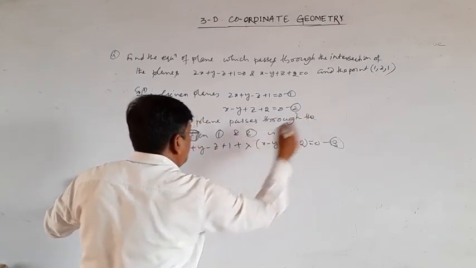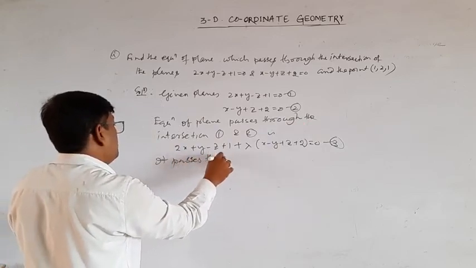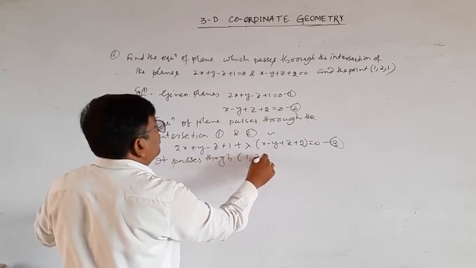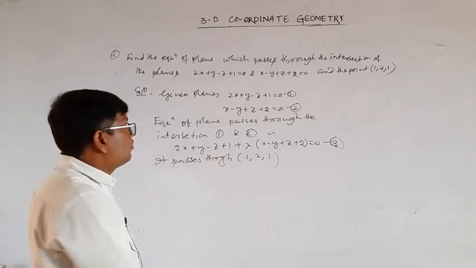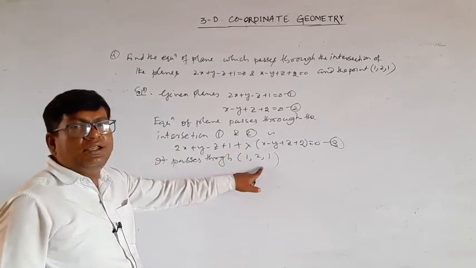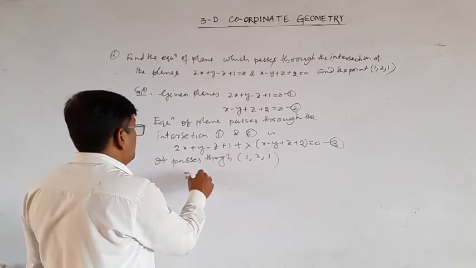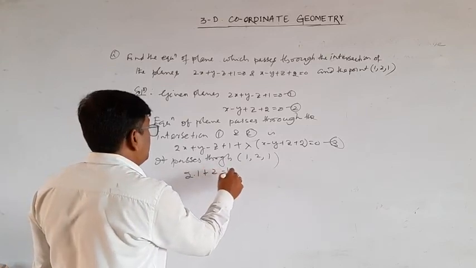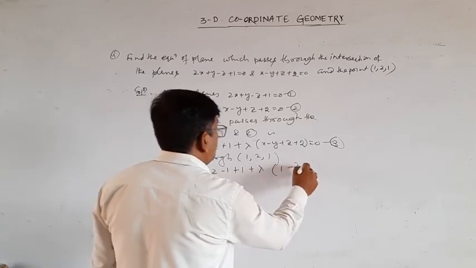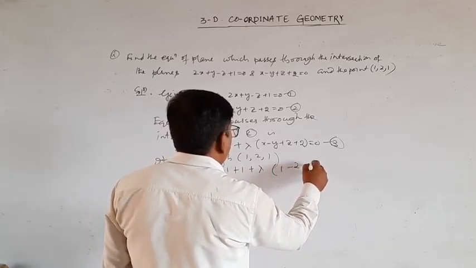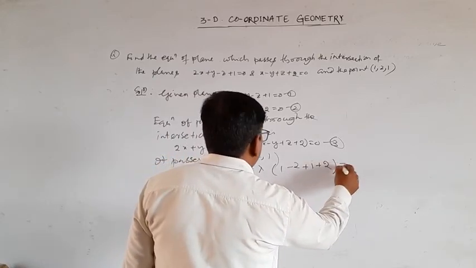This is equation 3. It passes through the point 1, 2, 1. So put the value of x equal to 1, y equal to 2 and z equal to 1. So 2 into 1, 2 plus 2 minus 1 plus 1, plus lambda into 1 minus 2 plus 1 plus 2, is equal to 0.